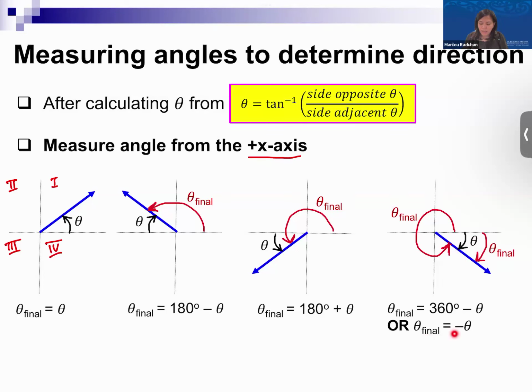Therefore, the final angle will be the negative of whatever angle you've calculated using the trigonometric identity. So you can say the final angle is equal to negative theta, or you can also do 360 degrees take away the angle that you've calculated using the trigonometric identity, and that gives you the final angle as the answer.